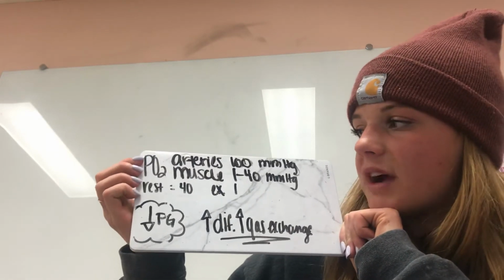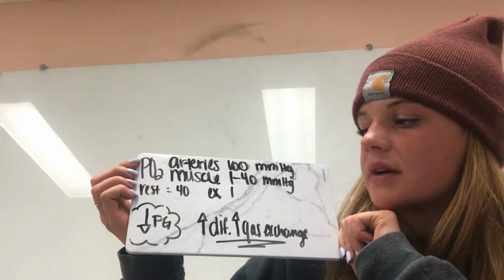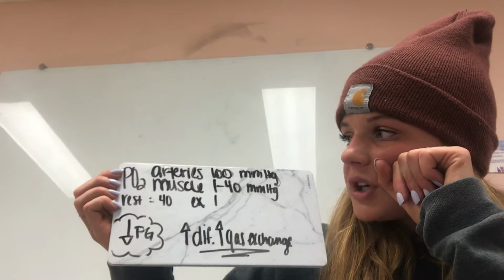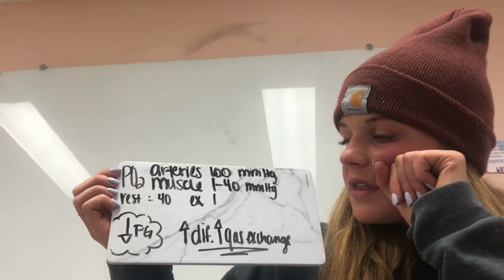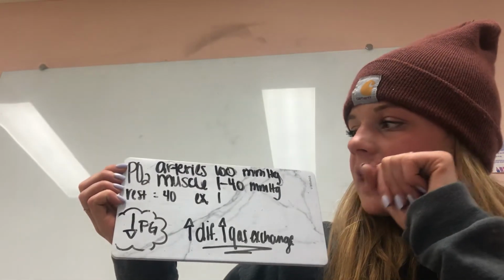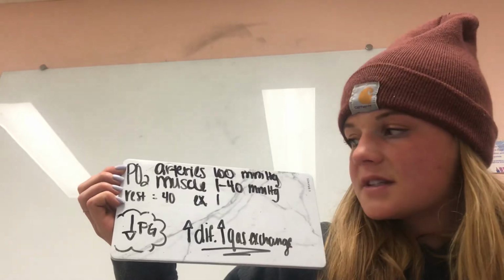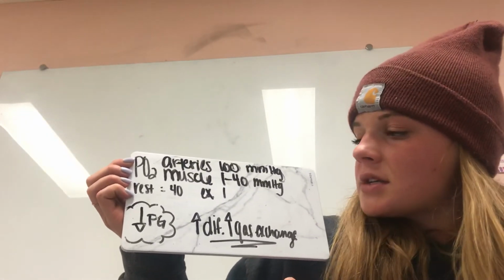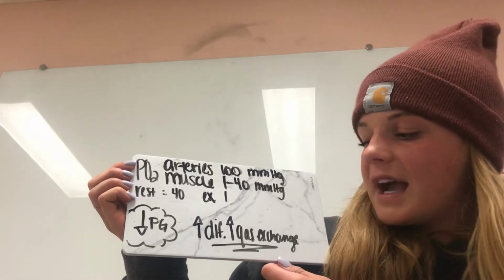At rest it's 40 and at exercise it's 1. So you want the lowest partial pressure of oxygen in these moments so that you can have the biggest difference between them when you're going down your pressure gradient, because the bigger the difference, the greater the gas exchange.